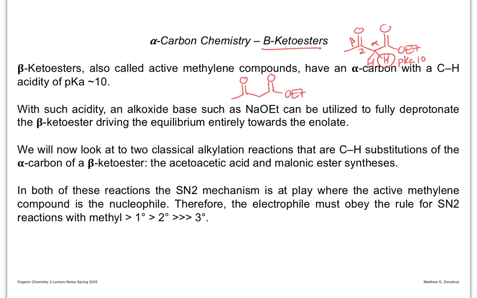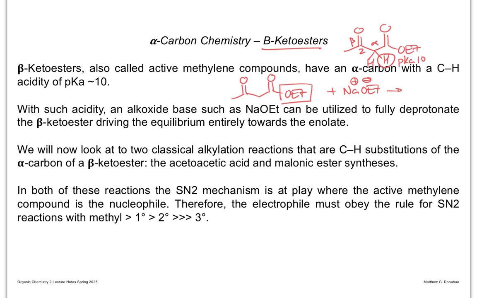A key thing about this structure is that the alcohol component of the ester basically allows us to use the conjugate base of that alcohol, so that plus sodium ethoxide allows us to deprotonate those alpha hydrogens pretty easily due to the pKa difference.